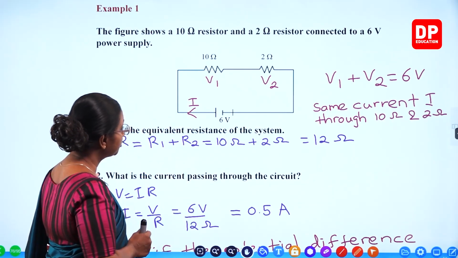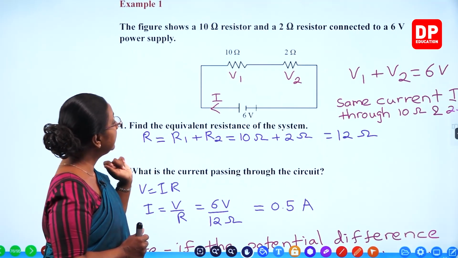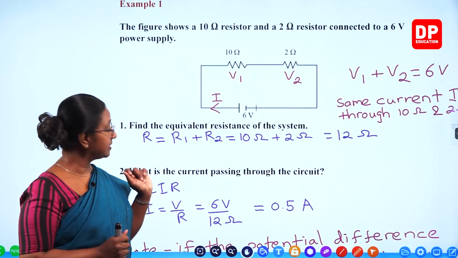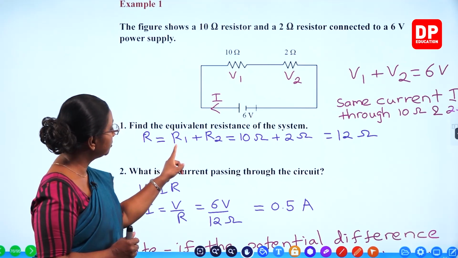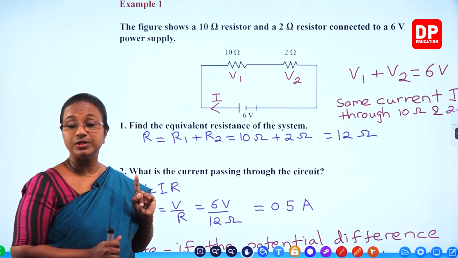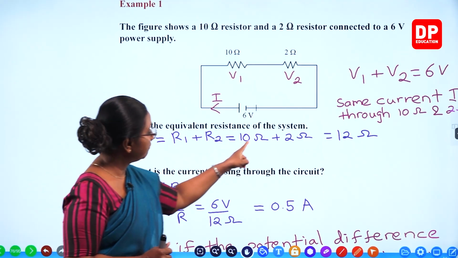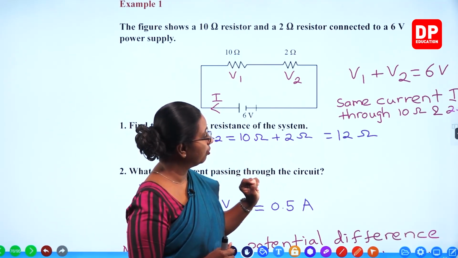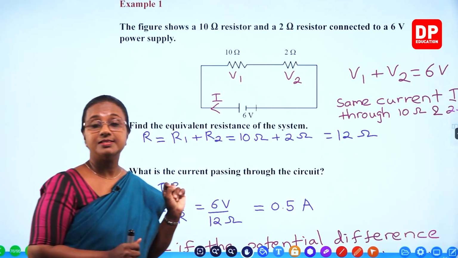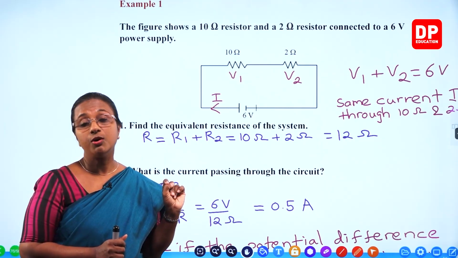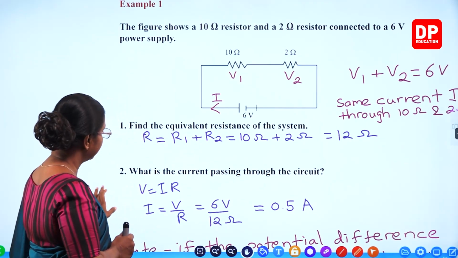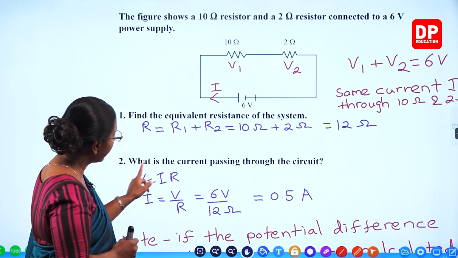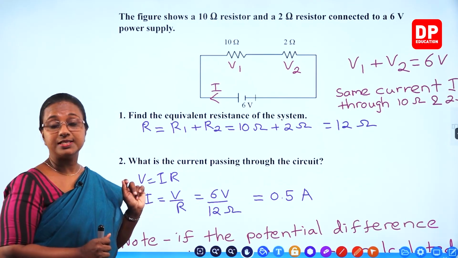Then you were supposed to find the equivalent resistance of the system. So R is equal to R1 plus R2. That is the equation. Then if you substitute for R1 and R2, 10 ohm and 2 ohms, the equivalent resistance is equal to 12 ohms. Then the second question, what is the current passing through the circuit?